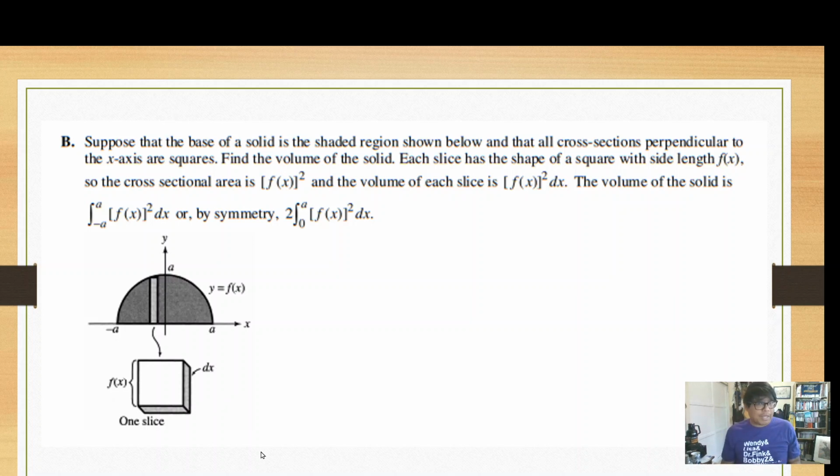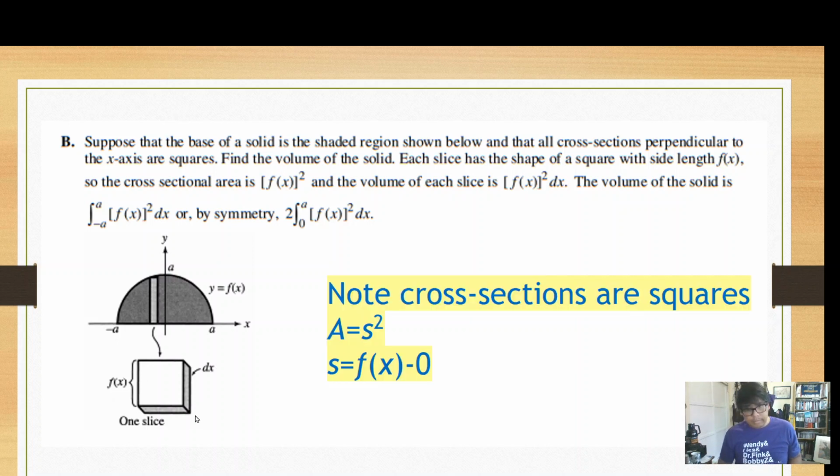f of x is a height that's from the top of the square to the bottom of the square. You can see that on the base of the solid with this lighter colored square. This lighter colored square is meant to be this square right here. So note the cross sections are squares, so the area is equal to s squared, where s is just f of x minus 0.